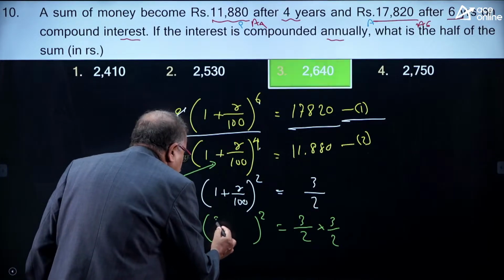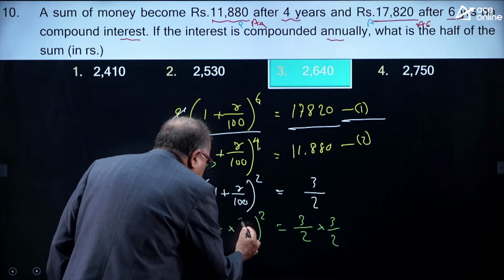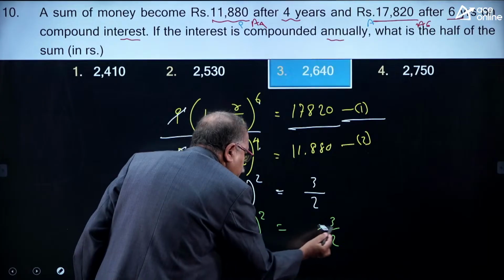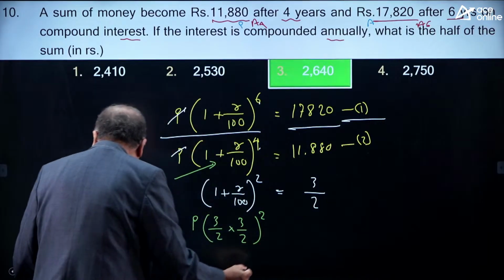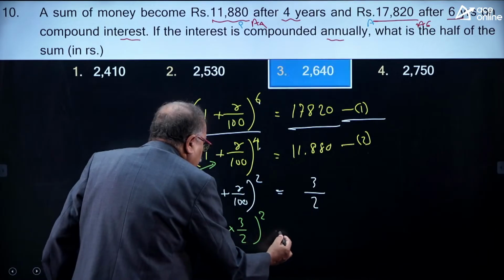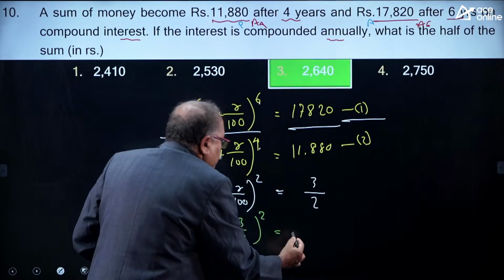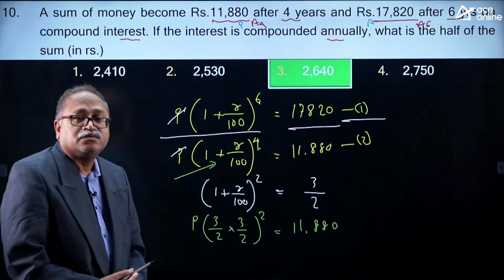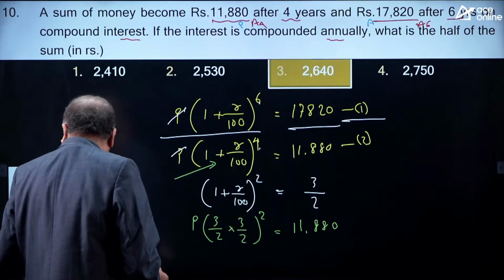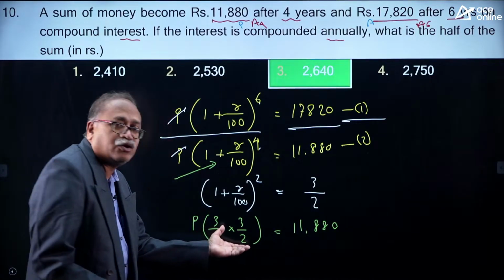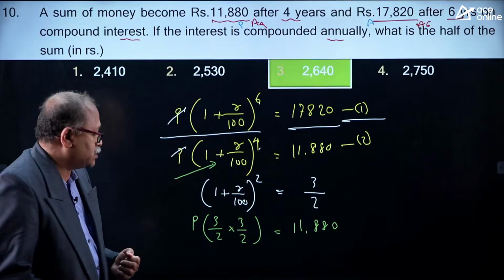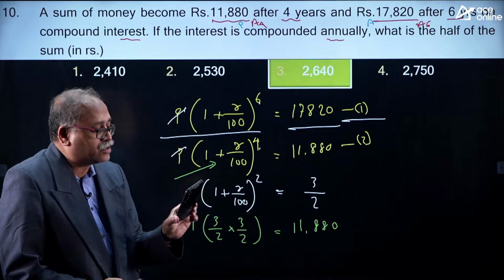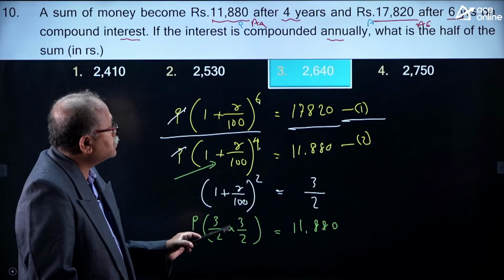So, this is 3 by 2 into 3 by 2, and which is equal to what is the value I am replacing over here, and that comes 11,880. So, I do not need to write down the power 2 here, because I already wrote down this one 2 times. So, already answered the question. Pandu has answered the question.